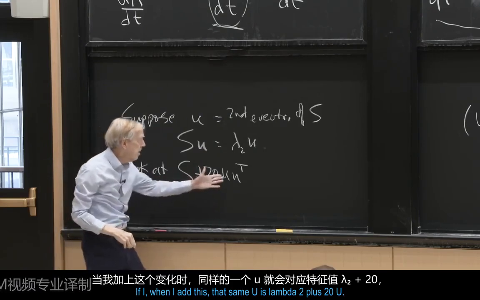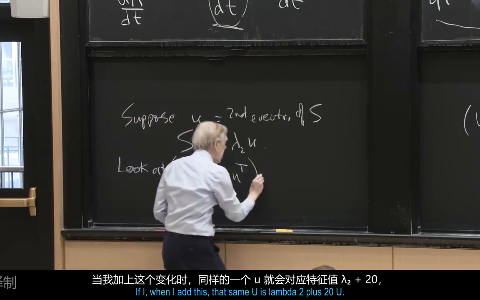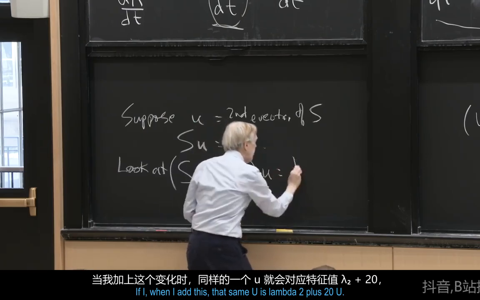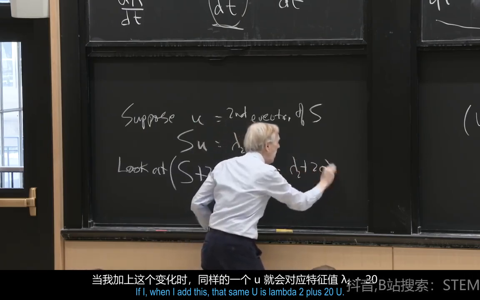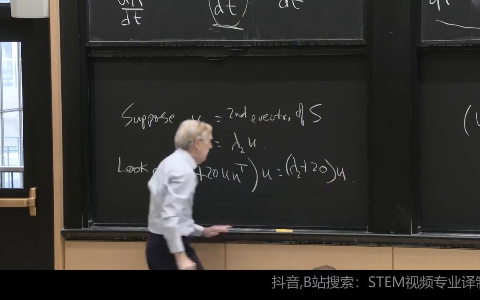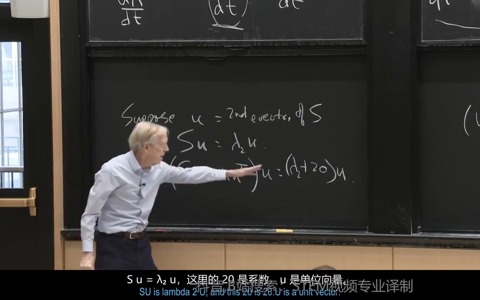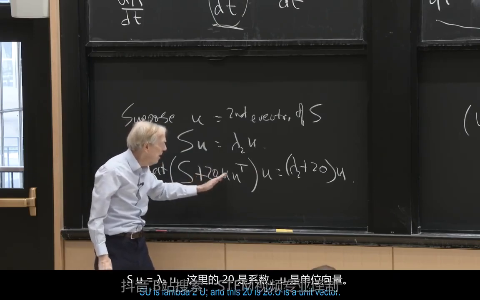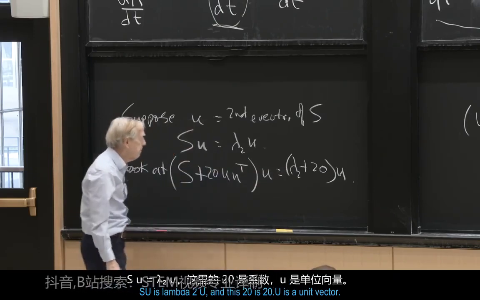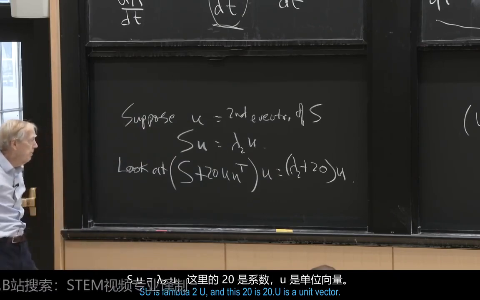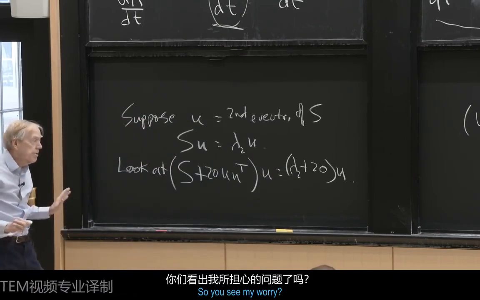When I add this, that same u is lambda 2 plus 20 u, right? Su is lambda 2 u, and this 20 is 20. u is a unit vector. So you see my worry?